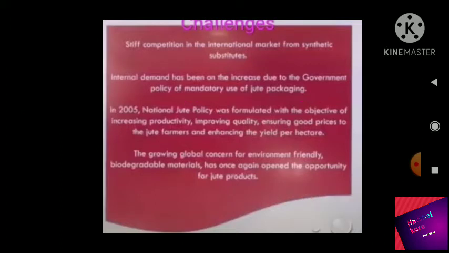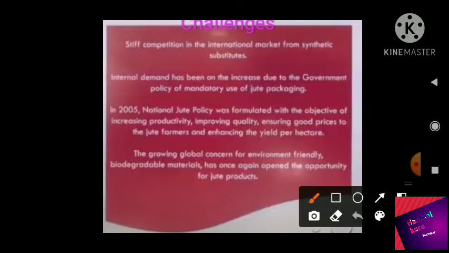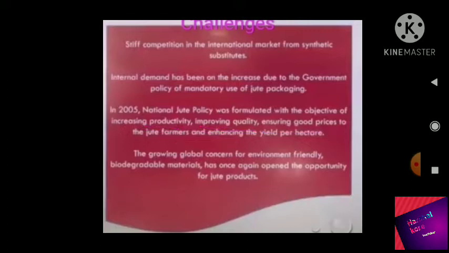In 2005, the National Jute Policy was formulated with the objective of increasing productivity, improving quality, ensuring good prices to jute farmers and enhancing the yield per hectare.